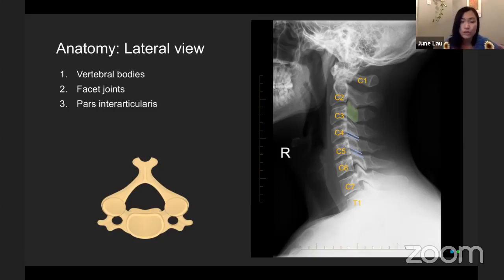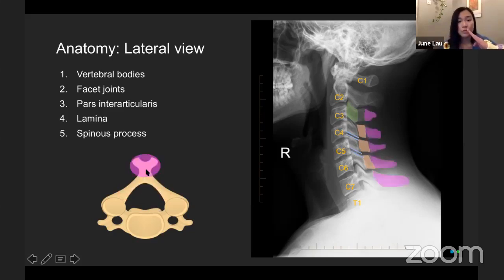Pars stands for bridge, and really it's just a connection between your superior and your inferior articulating facet. You've got the lamina, and so that's the little roof here around the spinal canal. And then your spinous process kind of comes off the tip of that roof. And you can see it very nicely highlighted here.